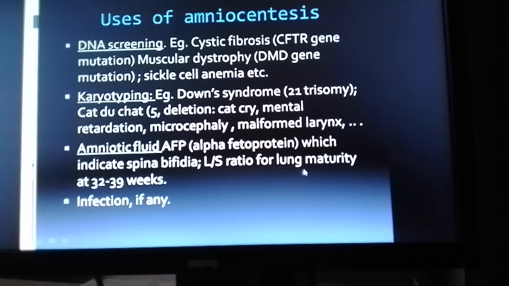Even the lung maturity of the fetus at some 32 or 38 weeks may also be known through the analysis of this amniotic fluid.